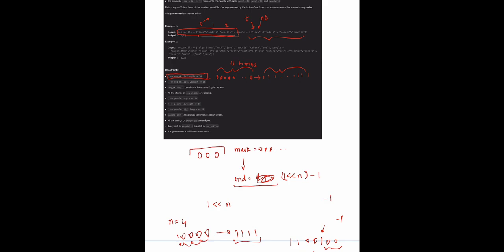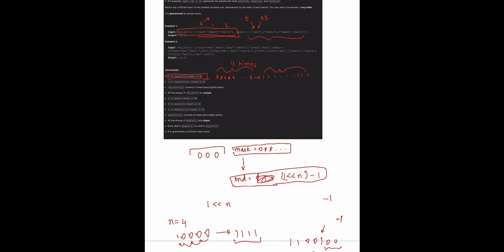So you have a bitmask starting mask, you have an ending bitmask, which is 1 left shifted n times minus 1. And for each position, you'd have two options: take this person or not take. If you take this, it's going to change our bitmask in a certain way. If you don't take, we don't touch our bitmask because no skills have been added, right?